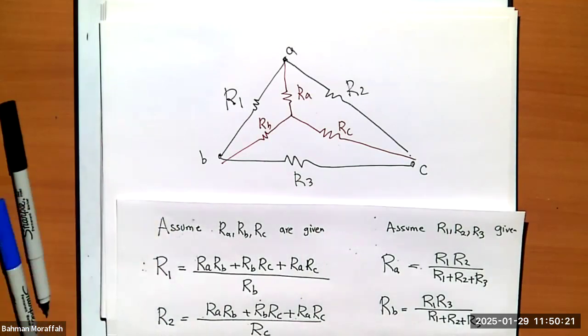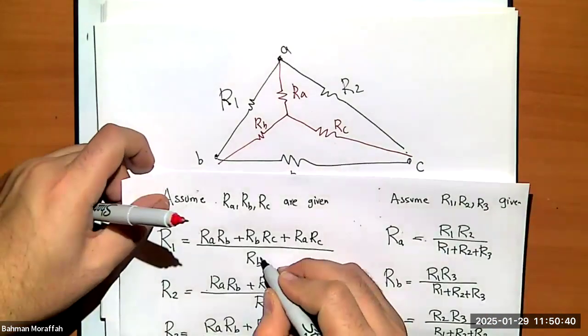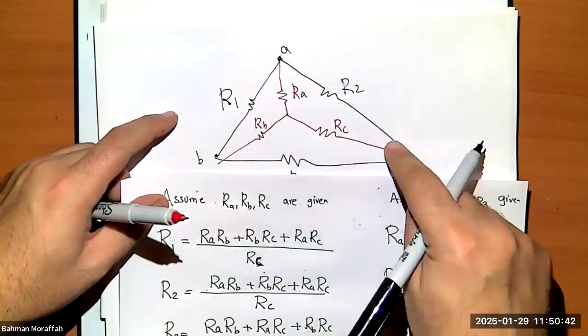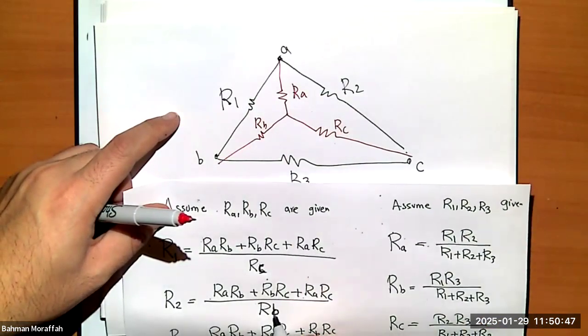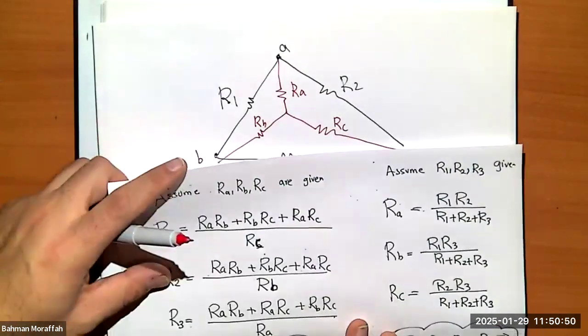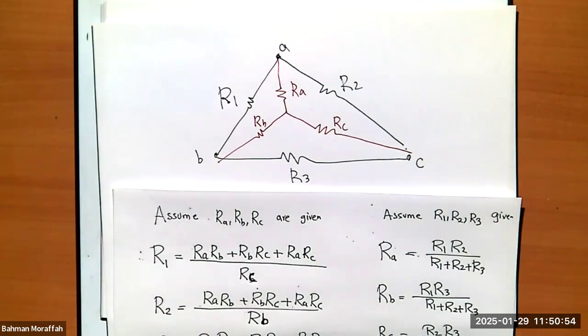But look, if I want to know R1, is that how I named them over here? Because if that's how I named them, then I made a mistake. Then this should be RC, sorry. This should be RB. And this should be RA.